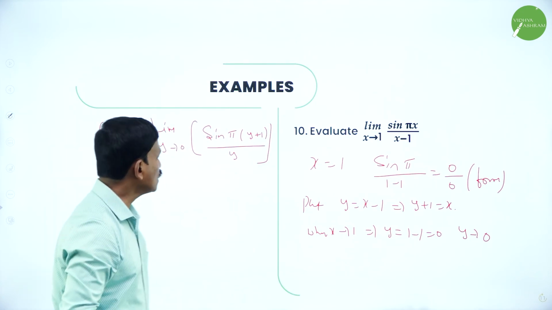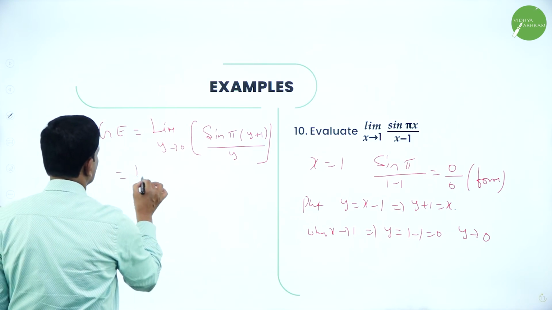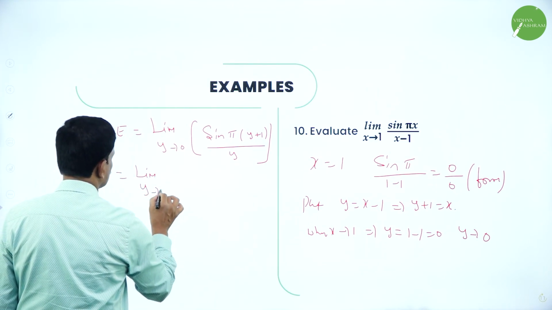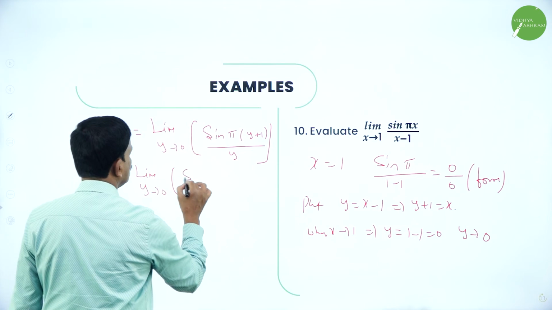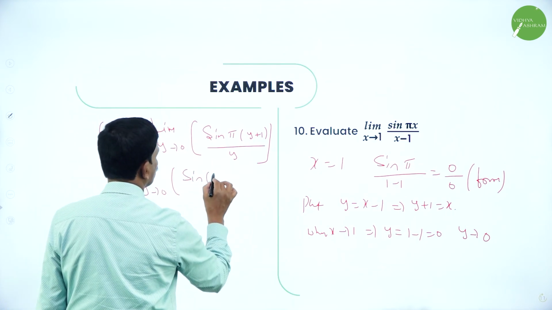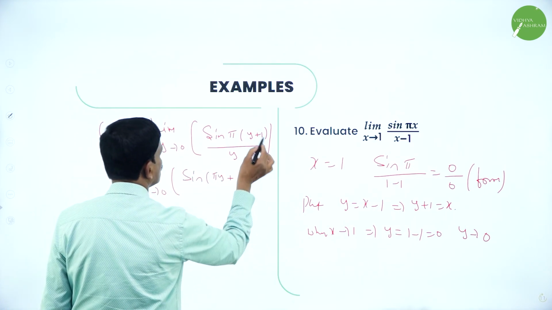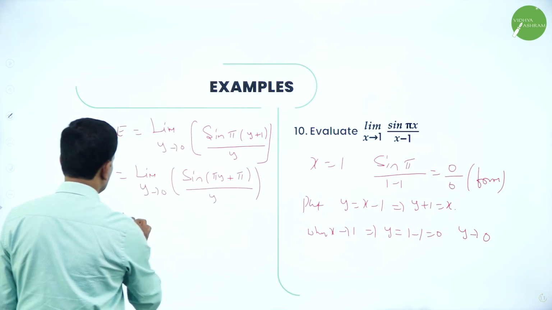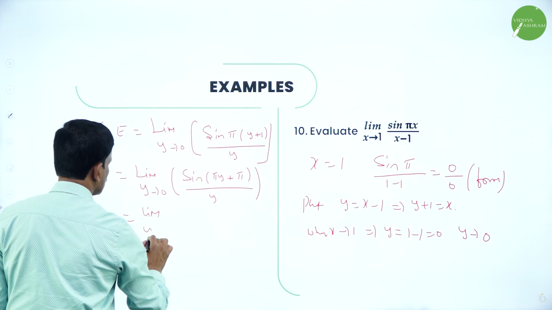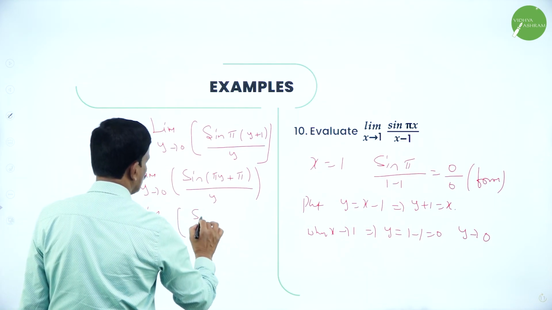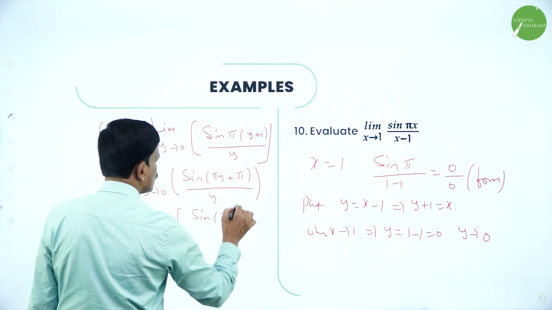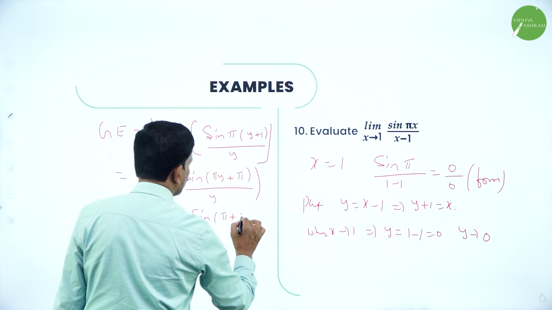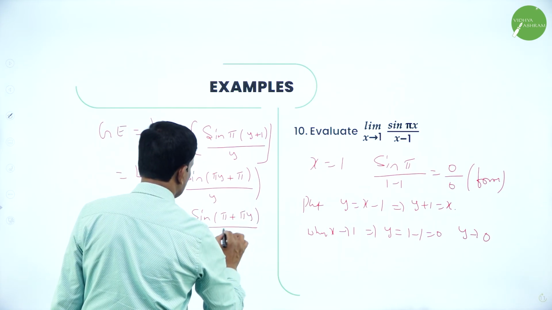This can also be written as limit y tends to 0 of sine of pi into y plus pi, divided by y. If you observe carefully, this is limit y tends to 0 of sine of pi y plus pi, divided by y.